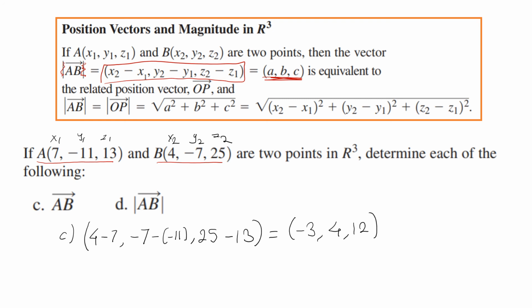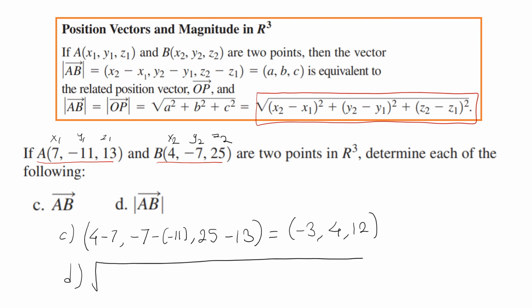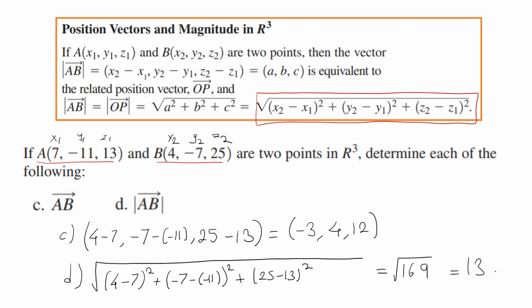Now moving on to D portion, when it's actually asking for the magnitude of it, now I'm going to apply the other formula, this one right over here. All I'm going to do is, like the last one, I'm just going to plug in whatever I have, x2, x1, whatever. When I do that, I get a value of root 169, which will give me 13.